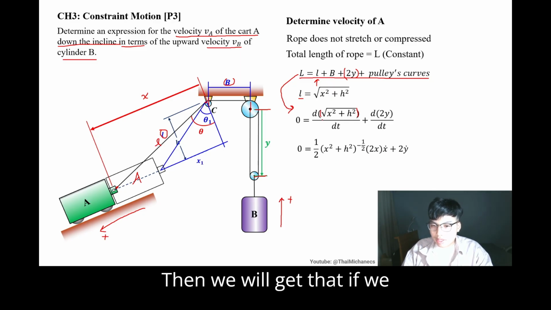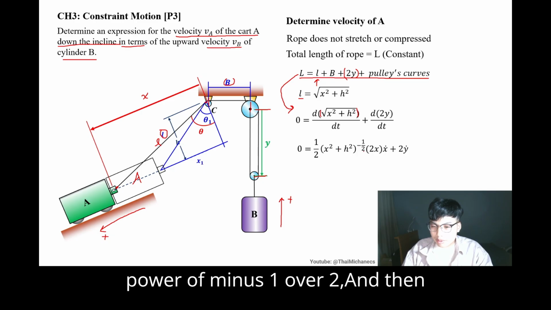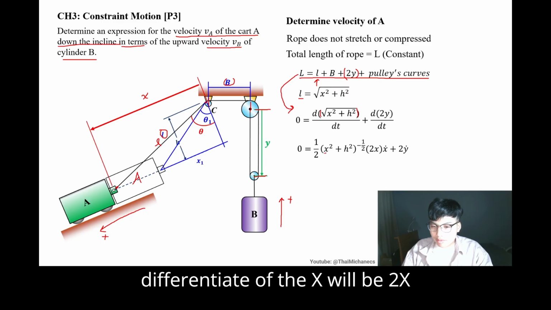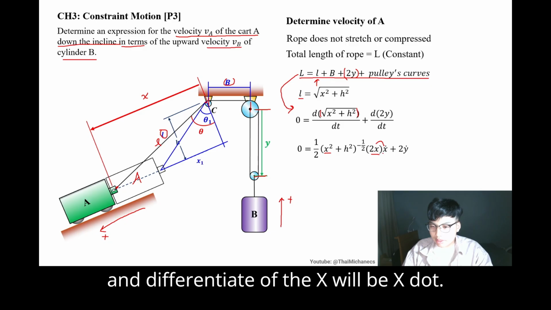Then if we differentiate it, we get 1 over 2 times x squared plus h squared to the power of minus 1 over 2, and then the derivative of x squared will be 2x, and the derivative of x will be x dot.